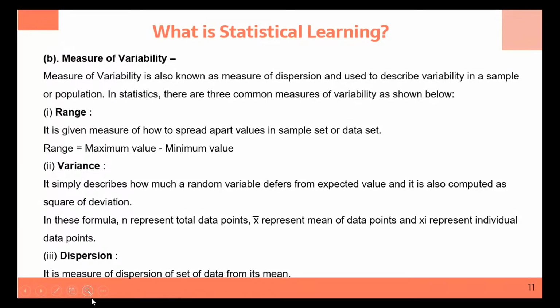And in terms of dispersion, it is a measure of dispersion of a set of data from its mean. That means it is measuring from the middle point of the numbers. From there, how it is going to be dispersing. Dispersing means spreading across.